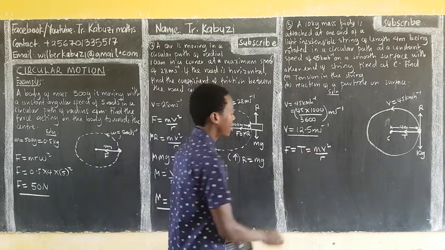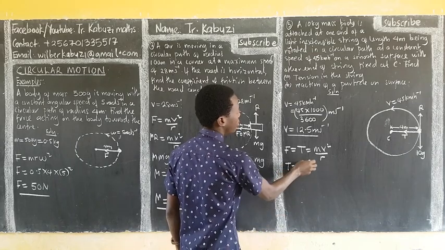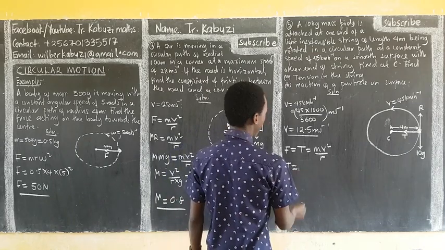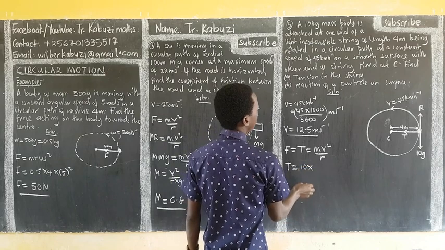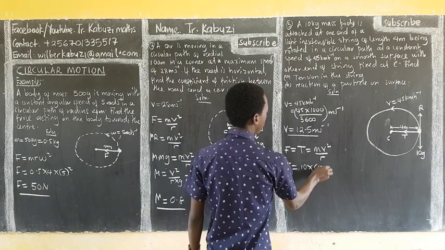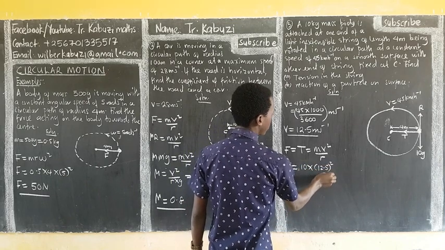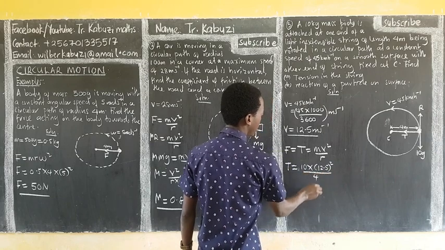Alright, so our tension here is going to be equal to, we have the mass, our mass is 10, times the velocity, which is 12.5, the whole squared, over the radius, which is 4.